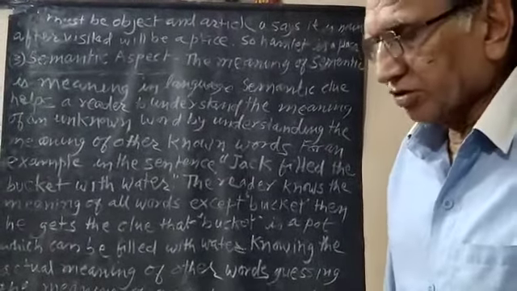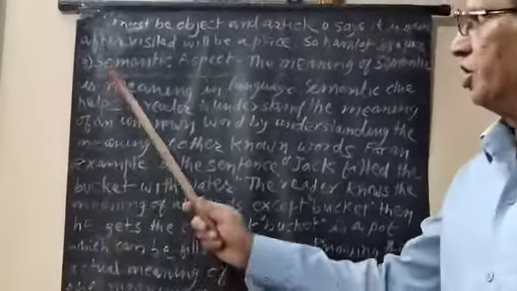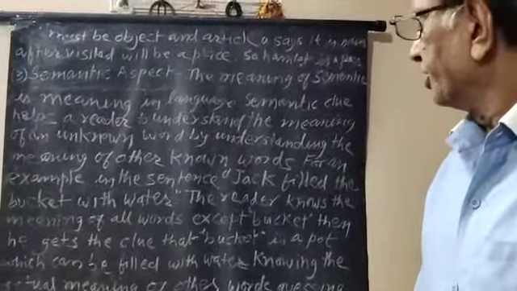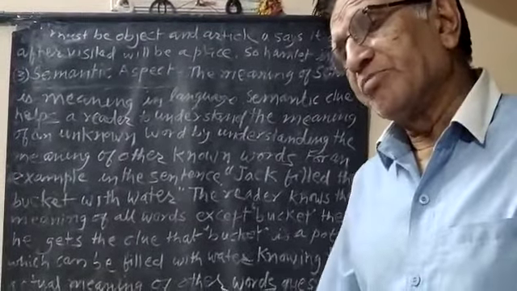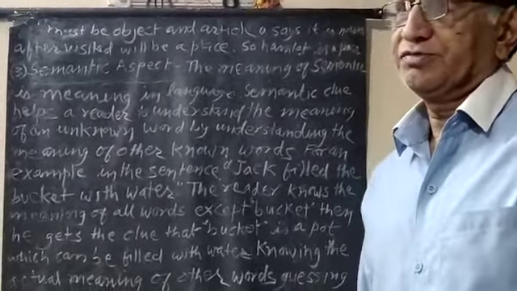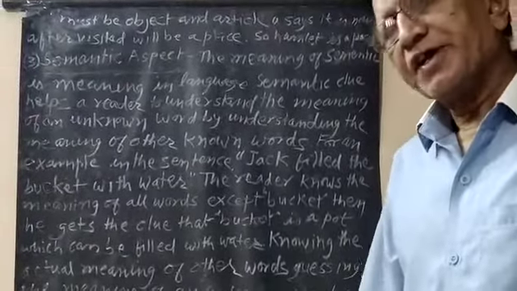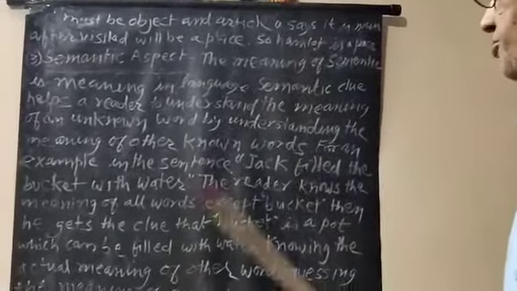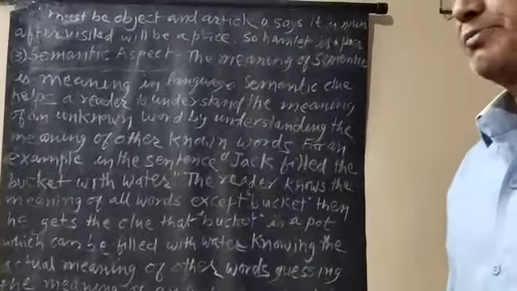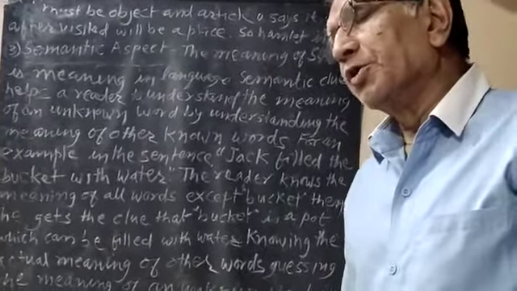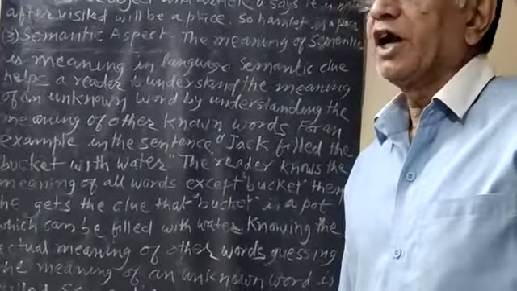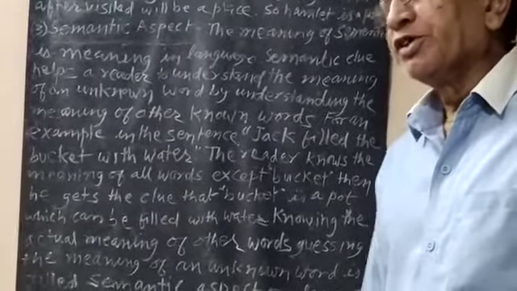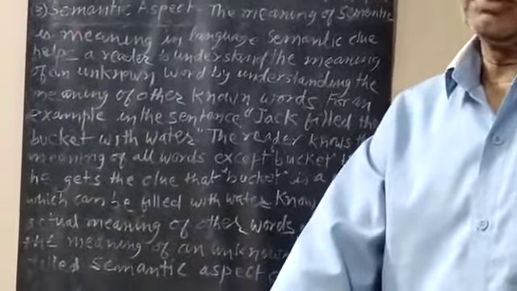Now, there is another quality of English, that is semantic aspect. The word semantic means the meaning in language. A semantic clue helps a reader to know the meaning of an unknown word by knowing the meaning of other words.